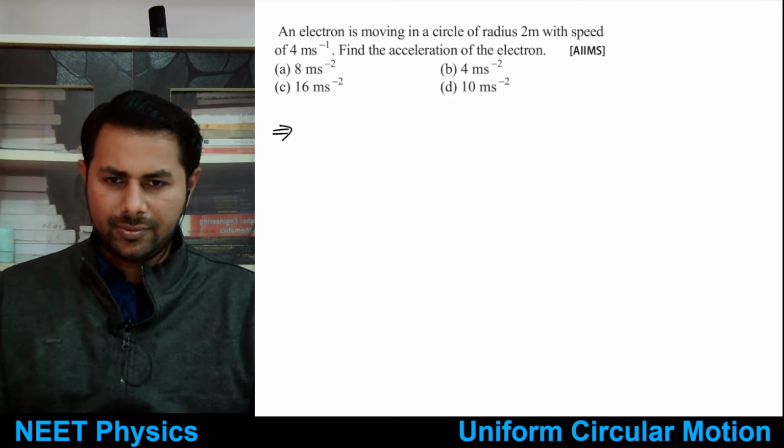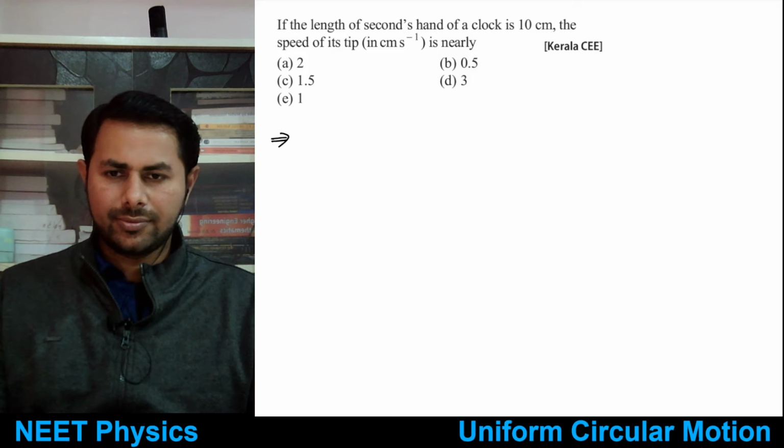What is the speed of its tip? Yes, v is just equal to 2 pi r divided by T.